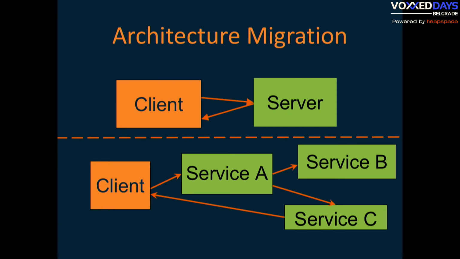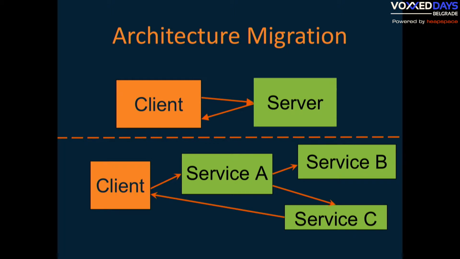For architectural migration, the simplest example is probably the pattern that we've used so far, which is client-server architecture. And now with the migration to microservices, many different companies and teams realize that's a good idea for them. It might not be a good idea for every project, but we have a lot of microservices-based architecture.